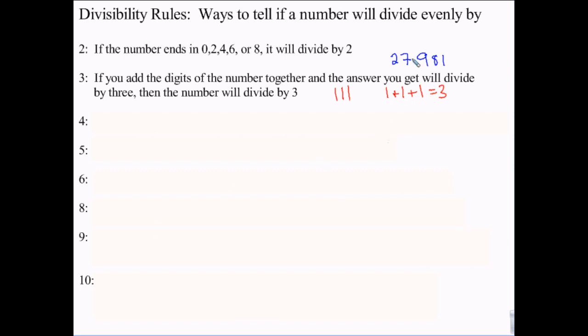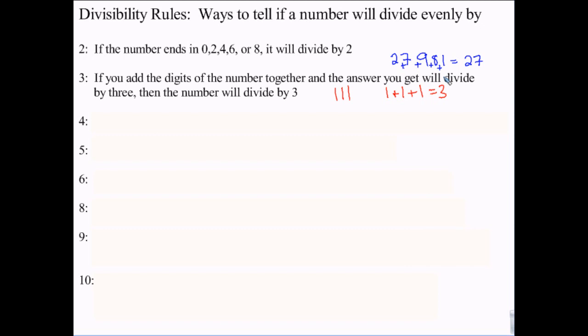If I add these together, they're 2 plus 7 plus 9 plus 8 plus 1. I get 27. 27 will divide by 3. So 27,981 would also divide by 3. So once you know this trick, any number, if somebody asks you, will this divide by 3, you just add the digits up really quickly.